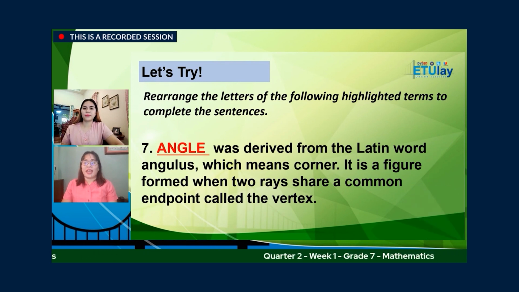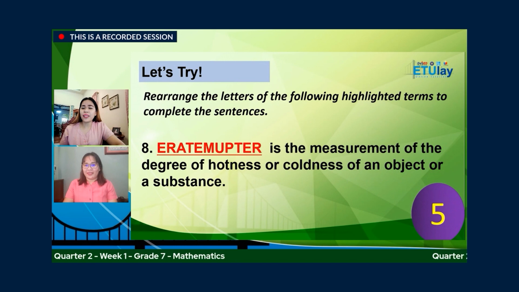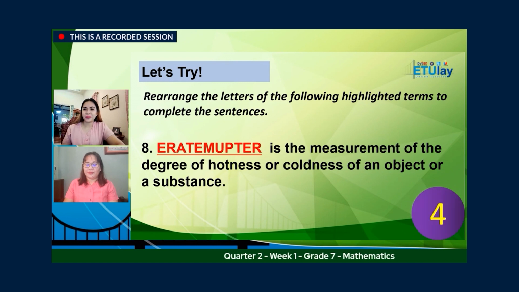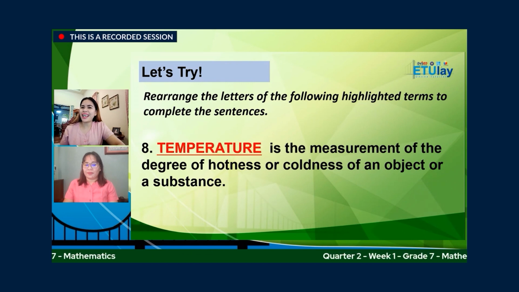The answer is angle. Okay, next. It is the measurement of the degree of hotness or coldness of an object or a substance. And that is temperature. You got it right.